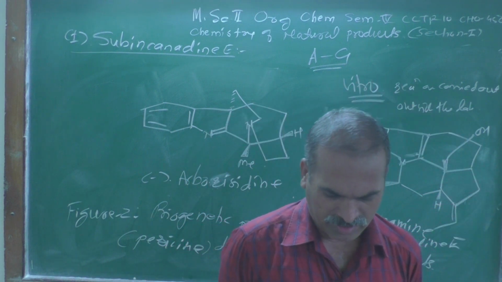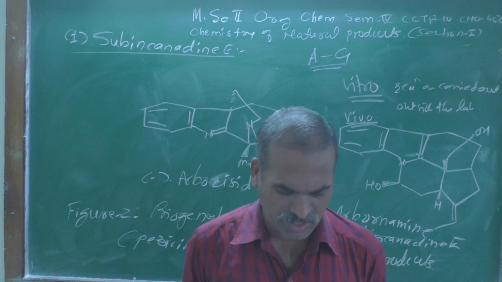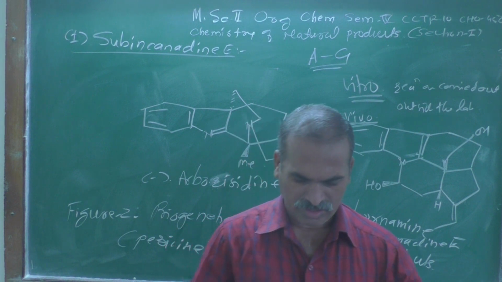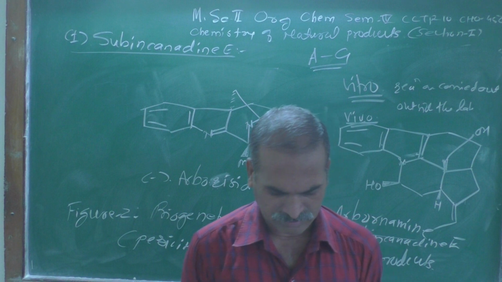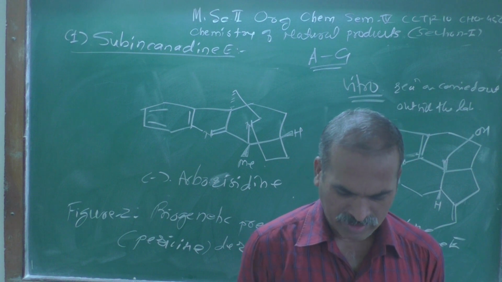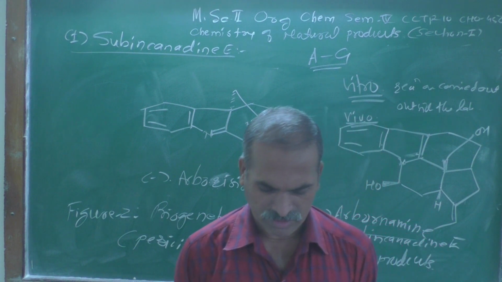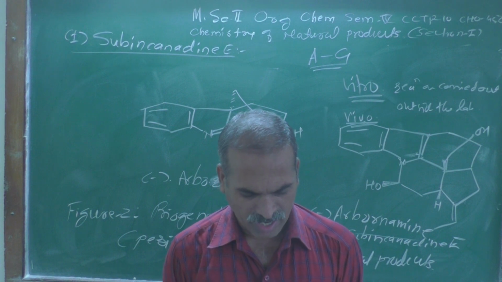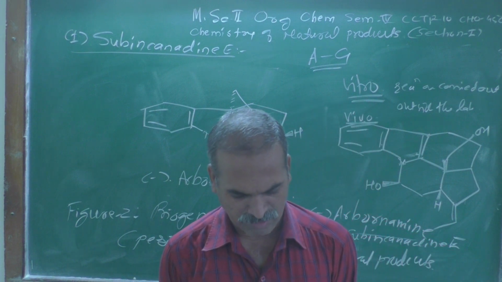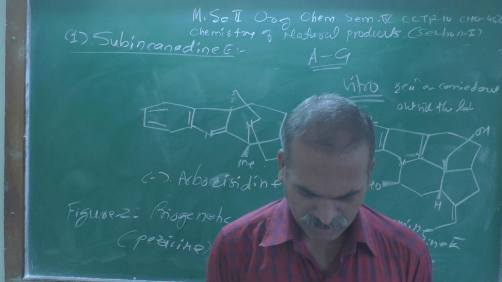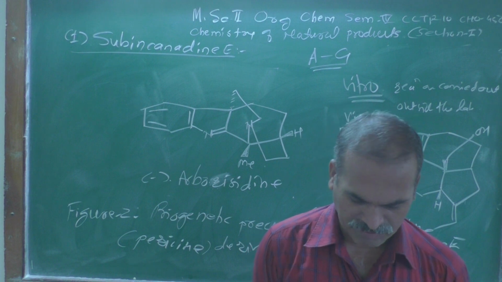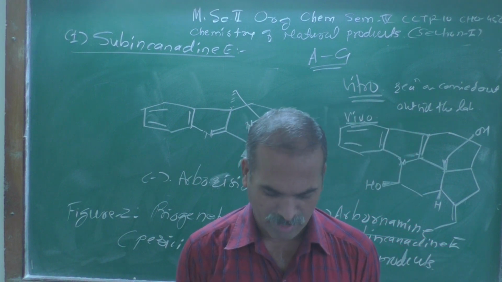Then plus Subincanadine E endures a unique structural architecture and in vitro exhibits potent cytotoxicity against murine lymphoma L-1210 cells, with IC50 of 3 microgram per ml, and human epidermoid carcinoma KB cells, IC50 of 4.4 microgram per ml.